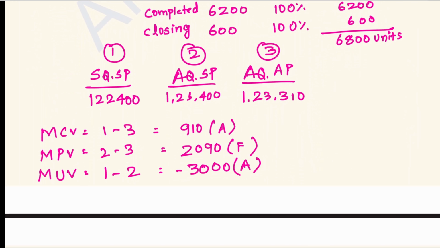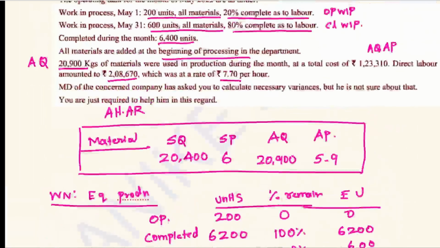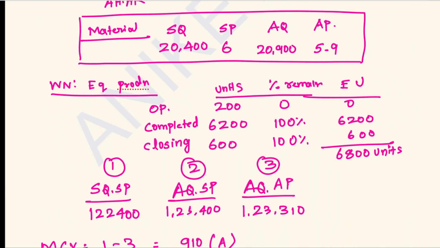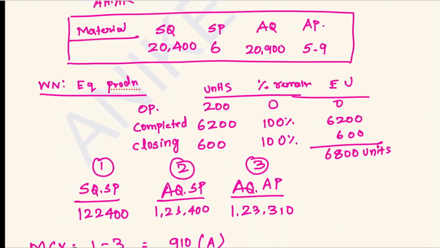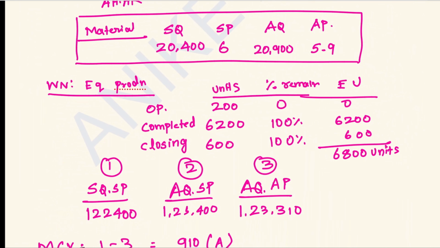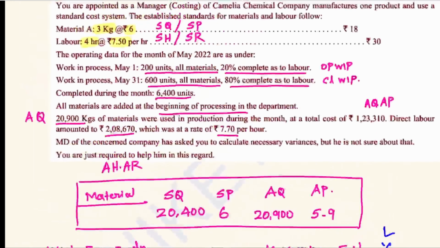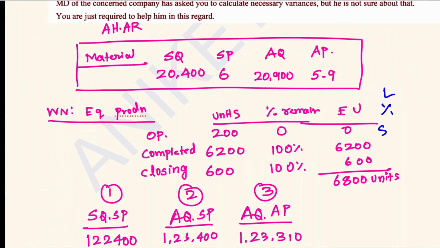Now let's go to the second part, which is labor. Same procedure. Labor also we will have to calculate equivalent units. So in the same table we will extend for labor. So labor percentage is 20% complete as to labor in opening WIP. That means here balance is 80% and completed is 100%.